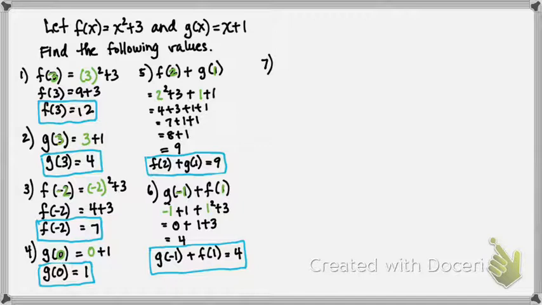So let's see. Ooh, this is where it gets super interesting. The value of the function f at the value of the function g. Whoosh. Okay, so here's what we do. We're going to work from the inside out. I'm going to figure out what the output is for function g when I put in 2, and then I'm going to take that answer and put it into function f. So we're going to start with the inside.